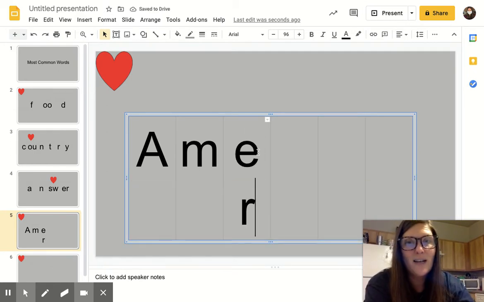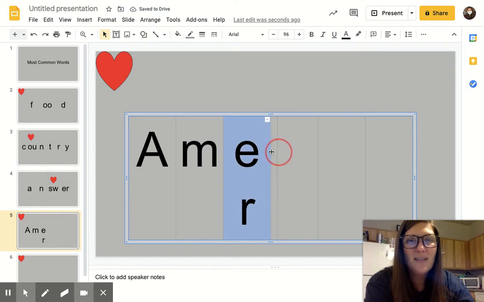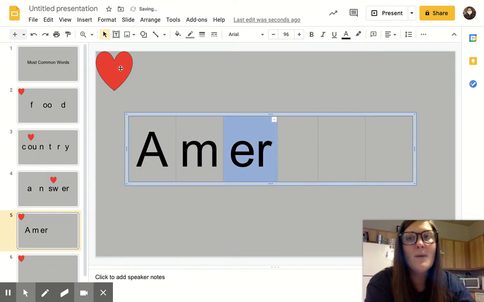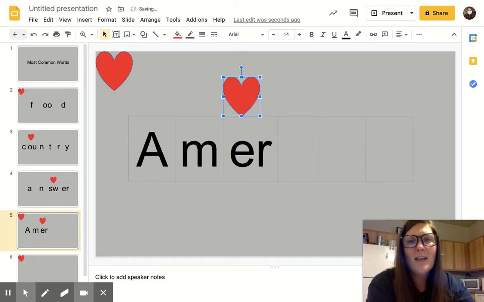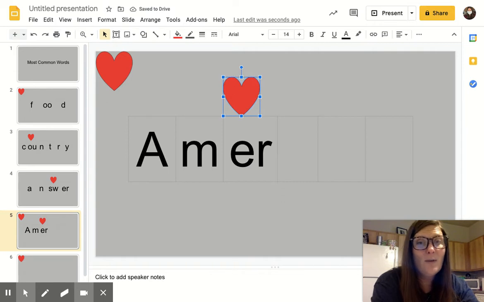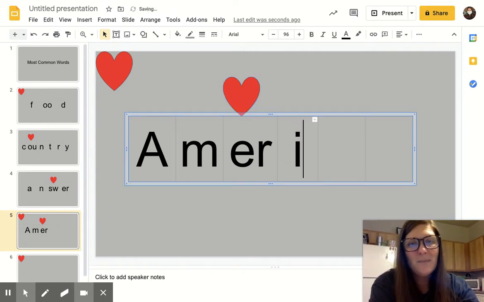I need to stretch it out, don't I? I'll stretch it out this way, see if that'll work. Okay, so that one gets a heart, right? The next syllable is I. The letter that normally says I is I, right? Now I'm going to put a heart there.